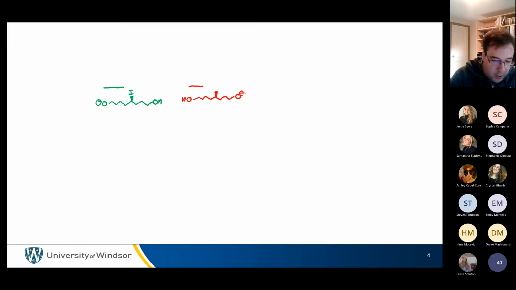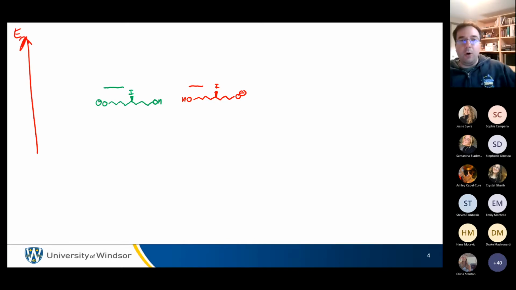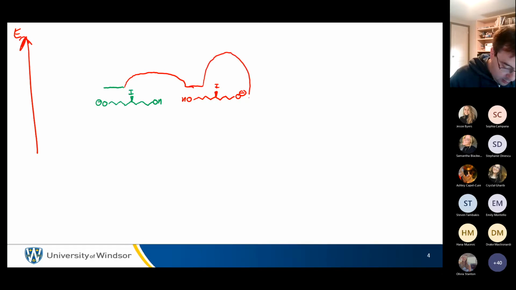This is a reaction coordinate diagram I'm drawing here. Energy. They're about the same energy. We agreed on that. O minus on the left, O minus on the right is about the same. And they interconvert through some energy barrier, because you have to deprotonate one and protonate the other. This one then goes to the product with the 5.